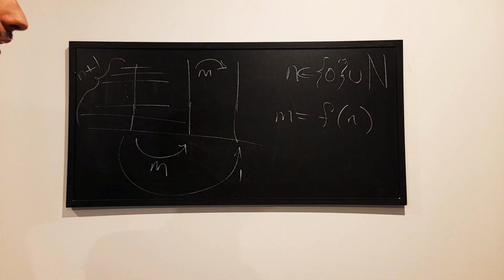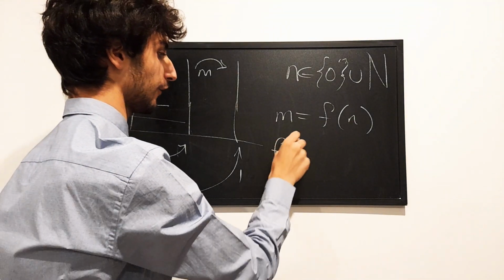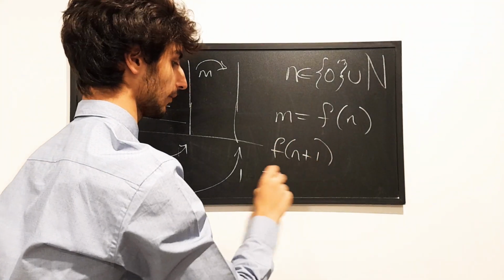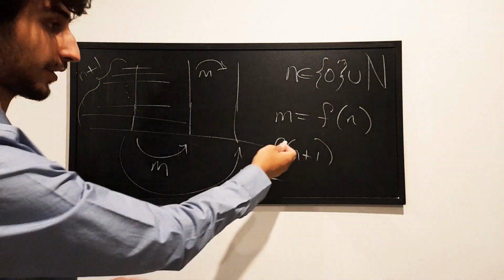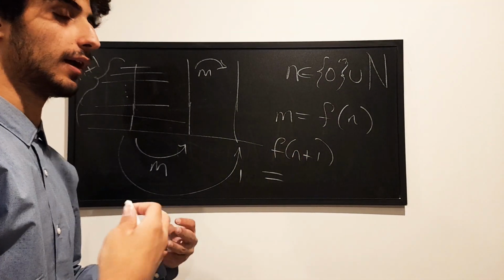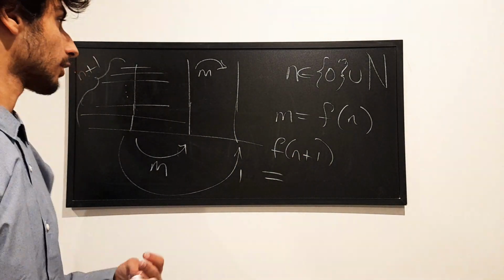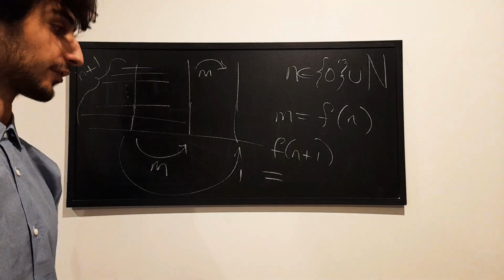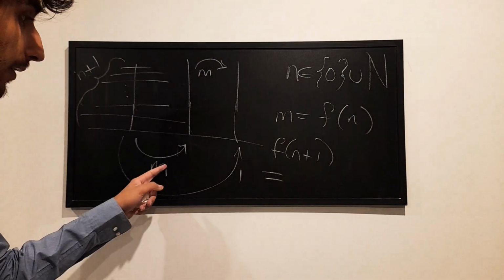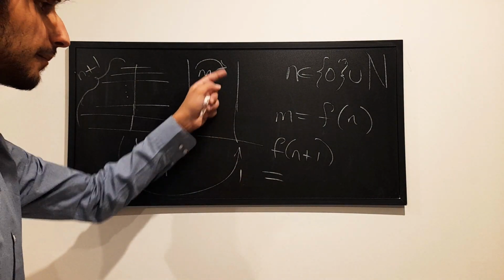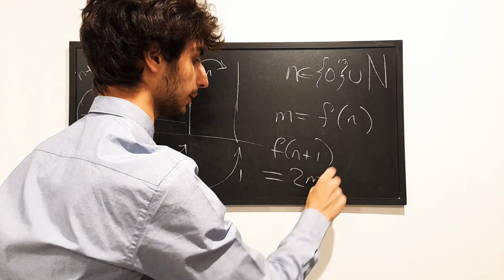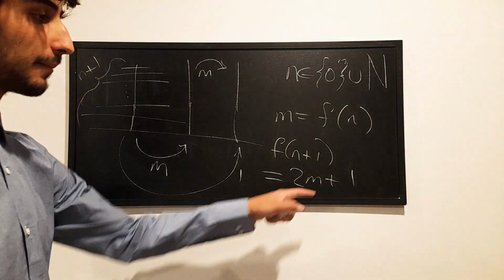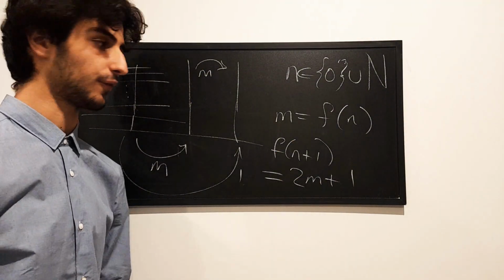So if we're considering what f of n plus 1 is, this is basically equal to the total number of minimum moves required for n plus 1 disks in order to complete the objective of the puzzle. That is m plus 1 plus m, or 2m plus 1. But m has been defined previously as f of n.